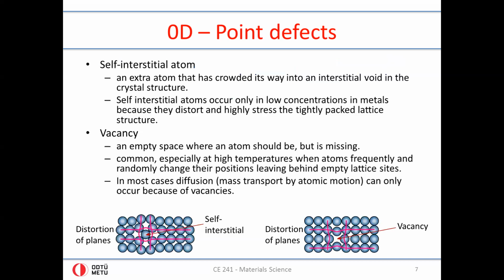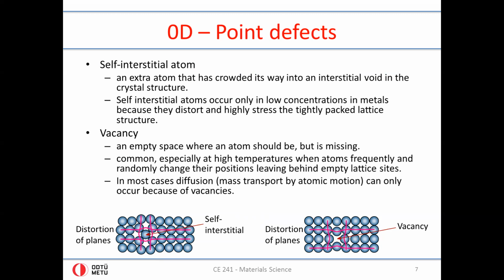So a self-interstitial here is said to be an extra atom that has crowded its way into an interstitial void. And these generally occur in low concentrations in metals because they distort the lattice structure. They cause, here it says stresses, but let's say it causes discomfort in the lattice structure.